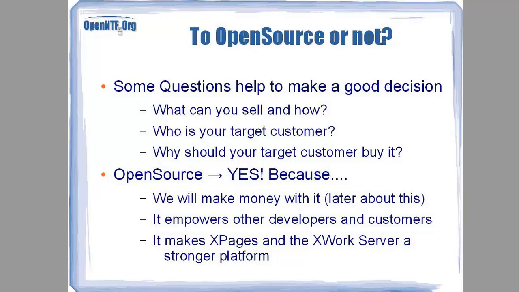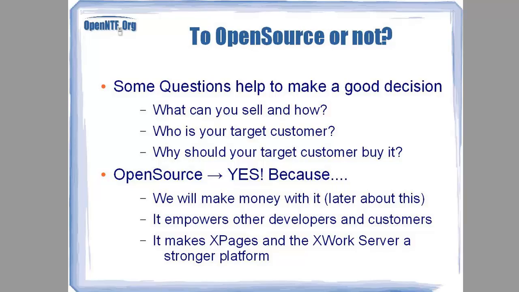So my hope and my wish is that we have such strong projects on OpenNTF, like Poi for XPages, like Bootstrap for XPages, like the Domino API from OpenNTF, that customers are willing to use as they use other open source software, and that we can make money with them. So, but later on to this.